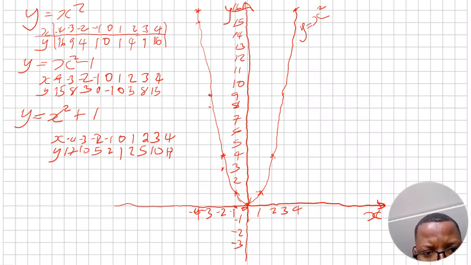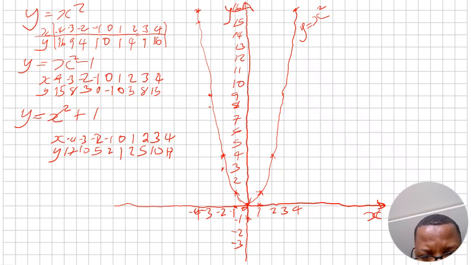When x is equal to 0, y is minus 1. So minus 1 is here. So this one is there. When it's 1, y is equal to 0. Y is equal to 0 is there.